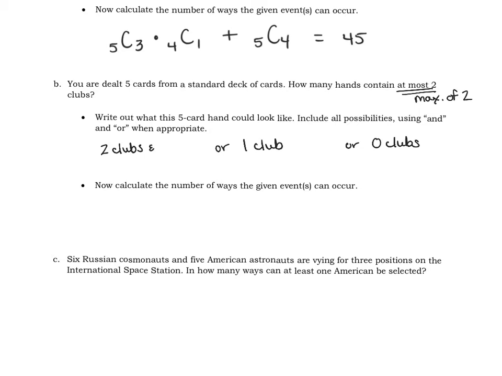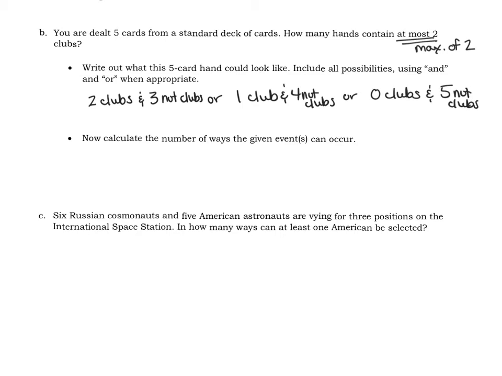If we have 2 clubs, we would need 3 that are not clubs. If we have 1 club, we would also need 4 that are not clubs. And if we have no clubs in our hands, that would mean we need 5 cards that are not clubs. Okay? So again, using those ands and ors and the total number of cards in each category, we can set up the way to count this.